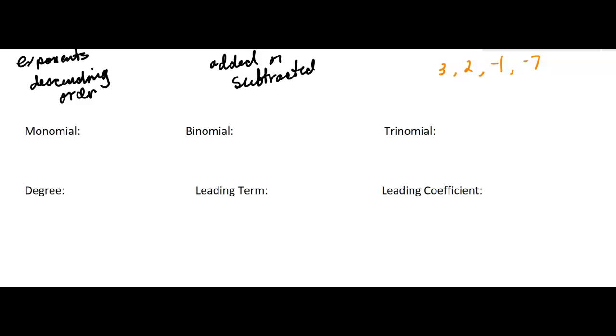A monomial, mono meaning one, is when you just have one term. So I could have something like 5x to the 9th power. That would be a monomial. There's no adding or subtracting of other terms. It's just one term. A binomial, bi meaning two, is when you have two terms.